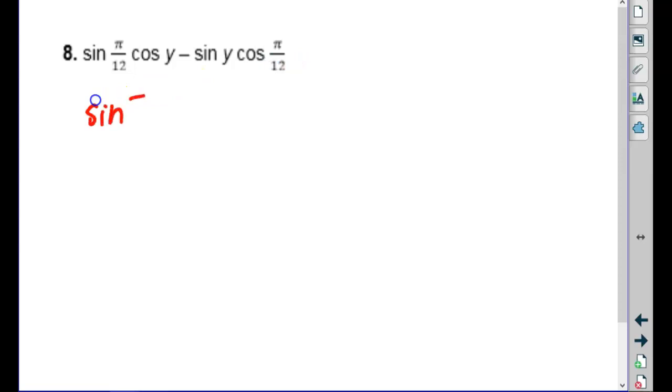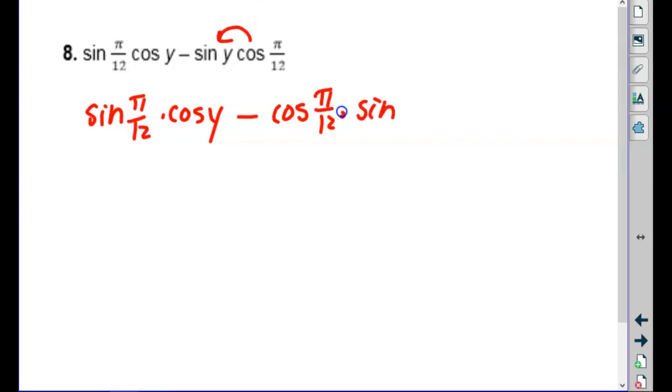I'm thinking we could rearrange this. Right, because you can multiply in any order, so I can flip-flop this multiplication. Does that look more like what's on the sheet? Sine cosine minus cosine sine? Sine cosine minus cosine sine is sine of A minus B.